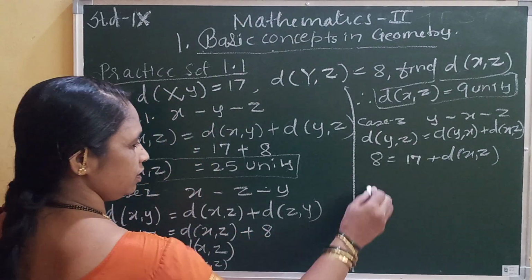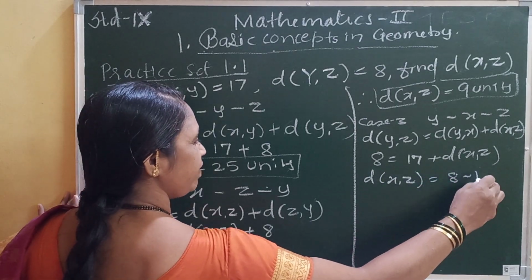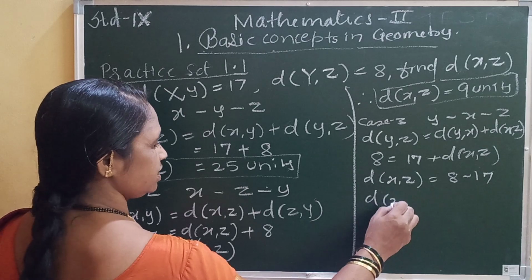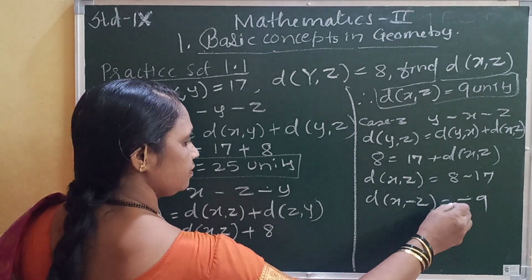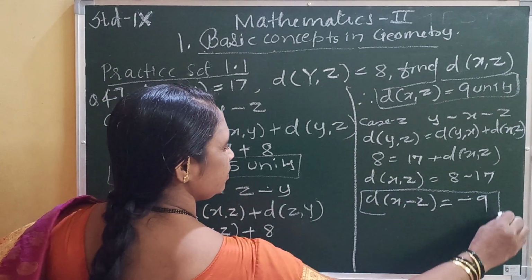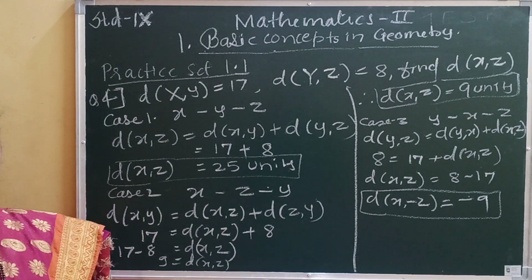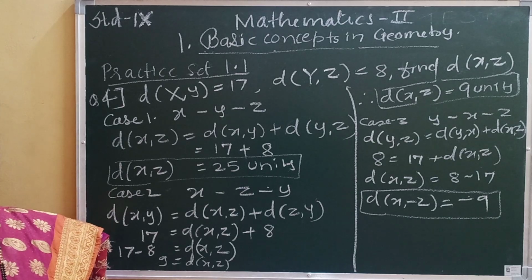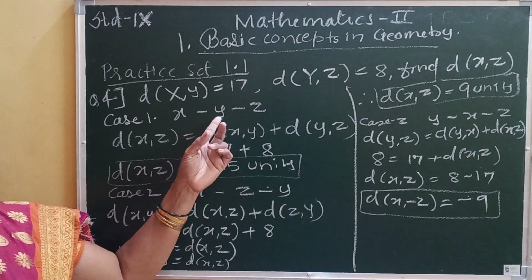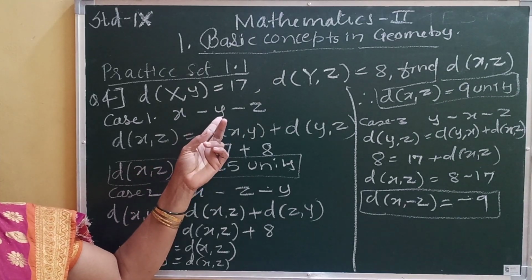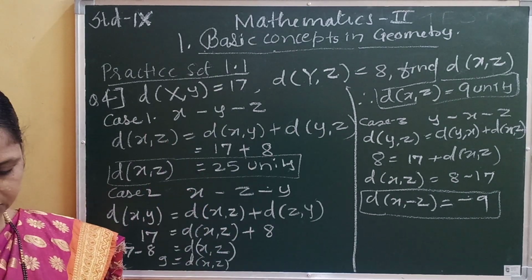So distance XZ is equal to 8 minus 17, which is minus 9. Now can a distance be negative? Can X be in between Y and Z? No, so this possibility is not there. We have only two possibilities: either Y is in the middle or Z is in the middle.